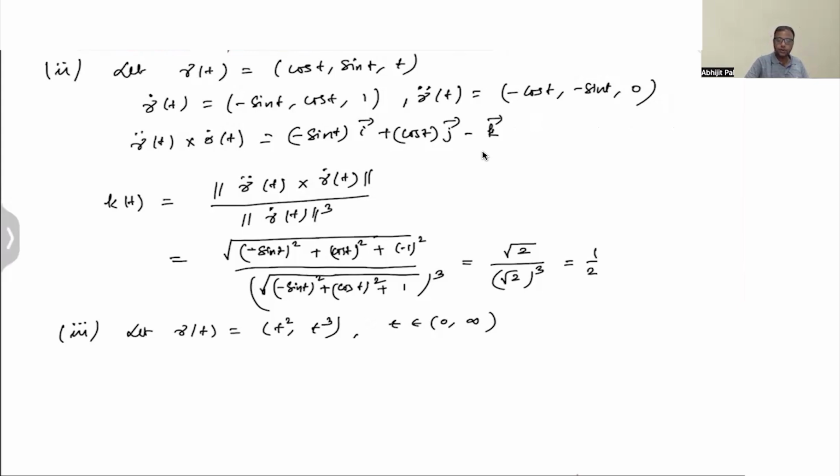So gamma is not regular at t equals 0. So t equals 0 is a singular point of this gamma.